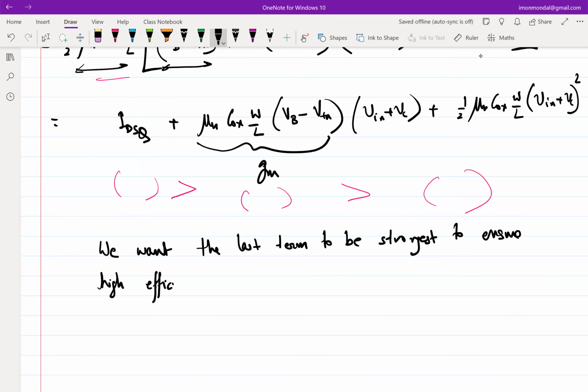I will define efficiency shortly. Or rather, I should say mixing is desired.